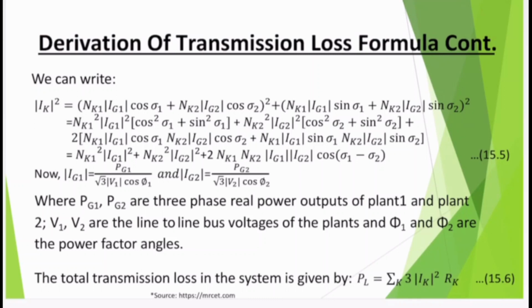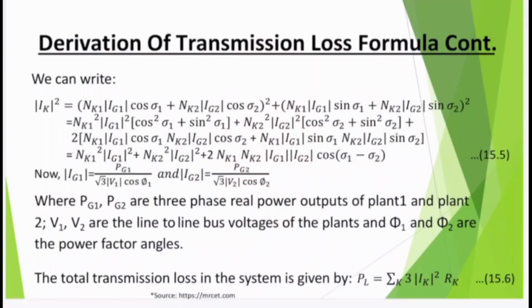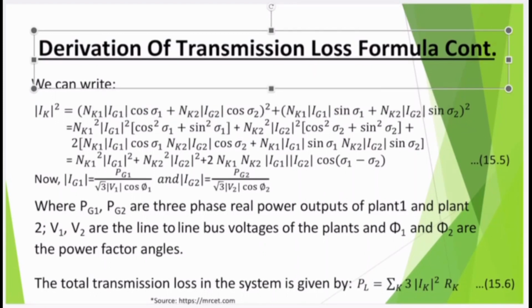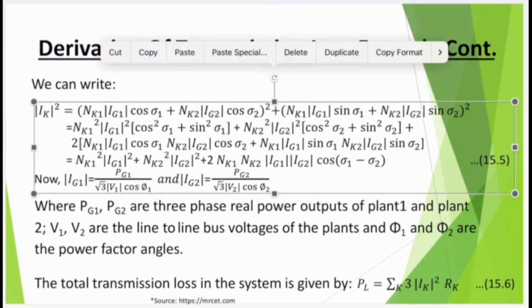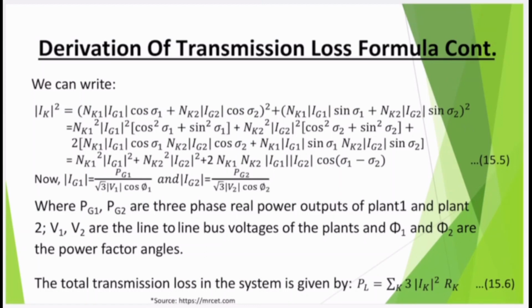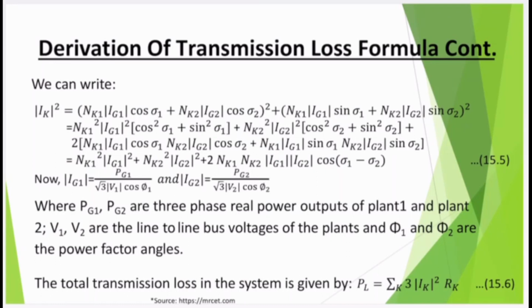But one thing please remember, the IG1 of generator 1 is nothing but the power generated PG1 upon root 3 V1 cos phi 1, and similarly IG2 is PG2 upon root 3 V2 cos phi 2, based on my power equation, where PG1 and PG2 are the three-phase real power outputs of plants 1 and 2, V1 and V2 are the line-to-line voltages, and phi 1, phi 2 are the power factor angles.